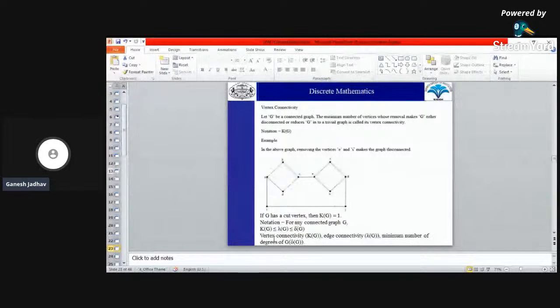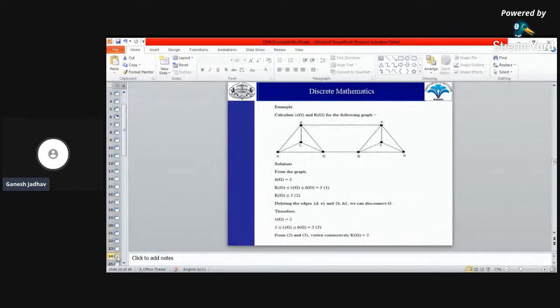Vertex connectivity is bounded by the edge connectivity, the minimum number of lines. Here they also said the edges. So the Kg having 3, this is 3, this is 3, this is 3. So you can say 3 edges and 1 vertex.